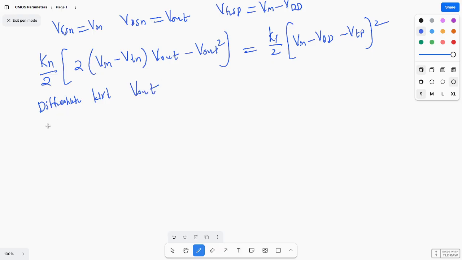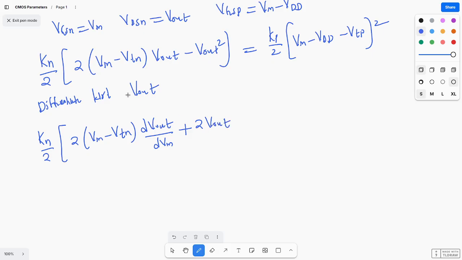With respect to V out, if you differentiate, here you will get Kn by 2, this is the UV formula, 2 into (V in minus VTN) into dV out by dV in plus 2V out, anyway dV in by dV in means 1 only, and minus 2V out into dV out by dV in, equal to Kp by 2 into 2 (V in minus VDD minus VTP).